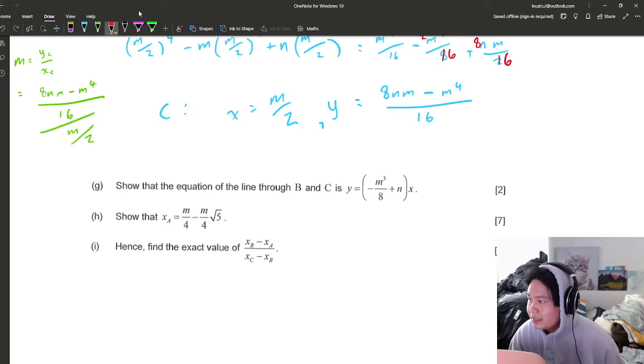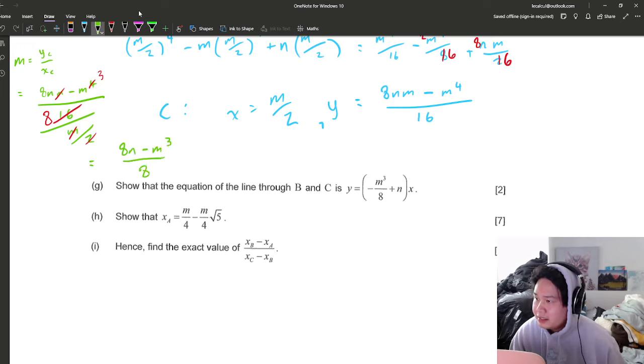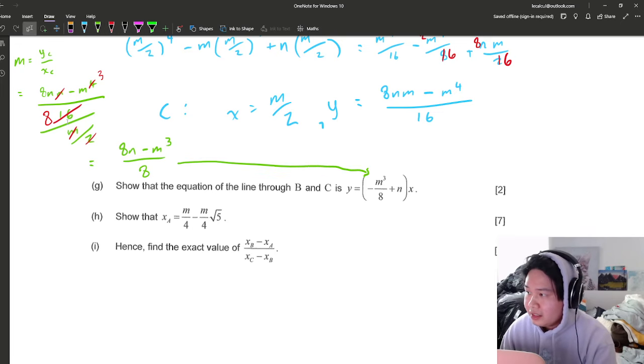Okay, and then this divides pretty easily. 16 and 2 divide, so this is going to be 8. m will divide with these m's here. So you will get 8n minus m to the 3 over 8. And then if you just rearrange it, it'll turn into this. If you're not sure how to divide two fractions like the way I did, you just flip the second fraction over and multiply. You'll end up doing the same thing. But basically, if you have two fractions, numerators divide with numerators, denominators also divide with denominators.